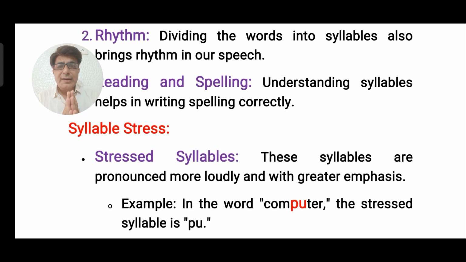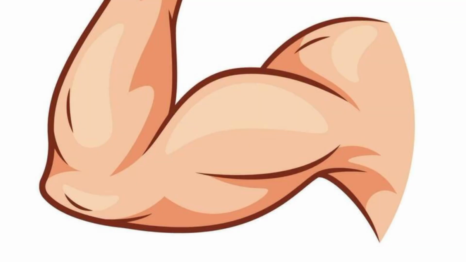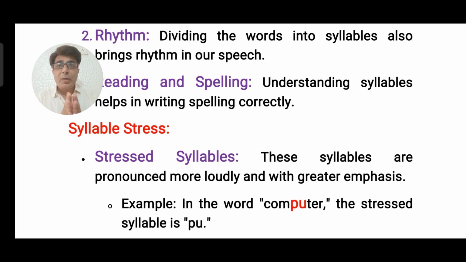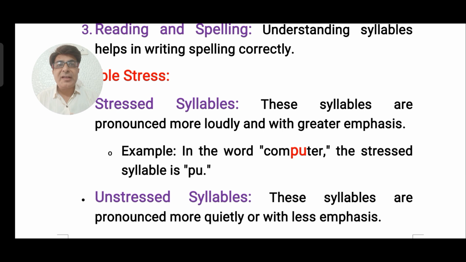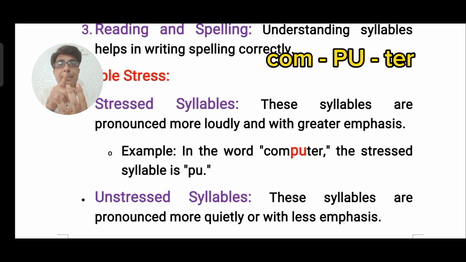Now let's try to understand syllable stress. Some syllables are stressed and some are unstressed. The syllables which are pronounced with greater force are called strong syllables, and the syllables which are spoken with a lighter tone are known as weak syllables. For example, when you speak the word computer, it has three syllables, com-pu-ter.